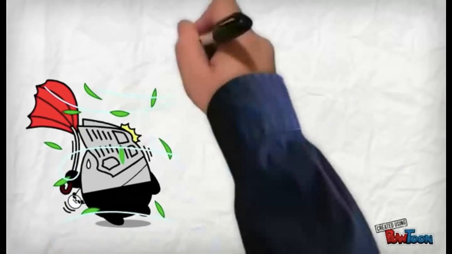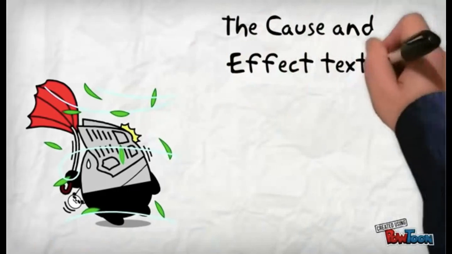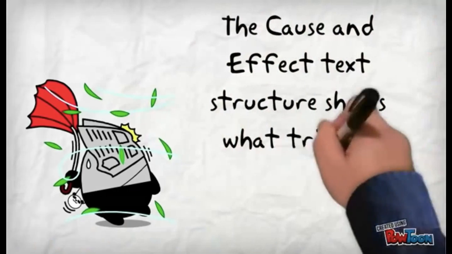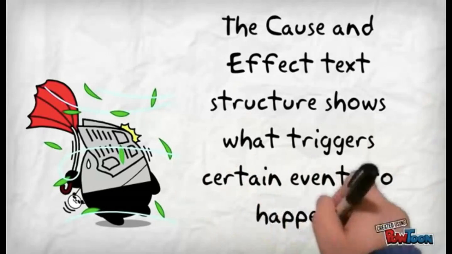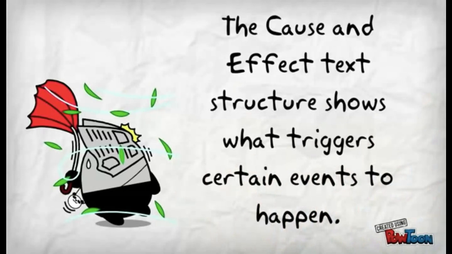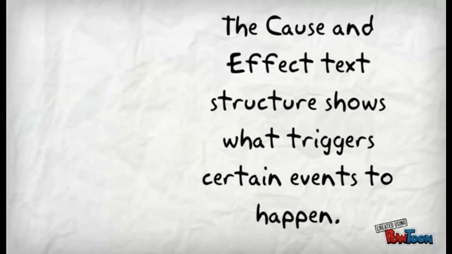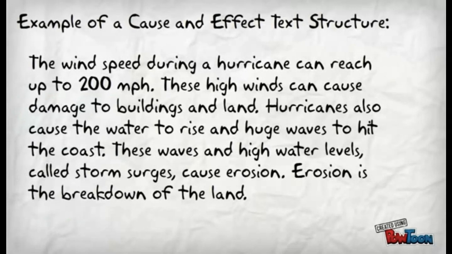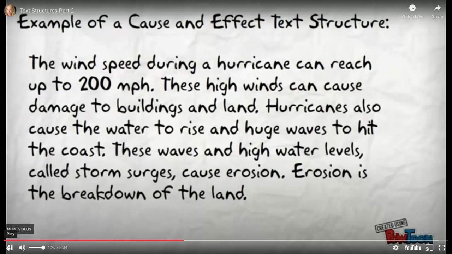Now we're looking at cause and effect. So we're looking at what triggers certain events to happen. And this is an example of a cause and effect paragraph in a nonfiction text that would be organized as cause and effect.